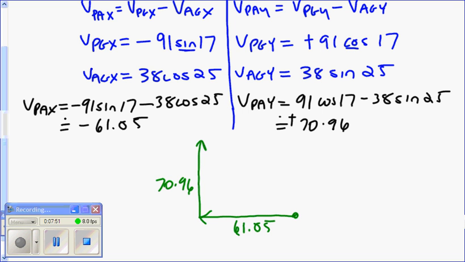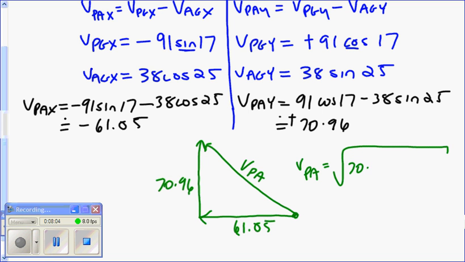Then you start where you started drawing, draw a vector that goes to where you finished drawing, and this is VPA. So using Pythagorean theorem, VPA is going to be the square root of 61 squared plus 70 squared, about 93.6.